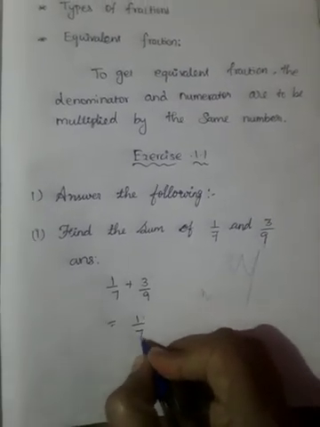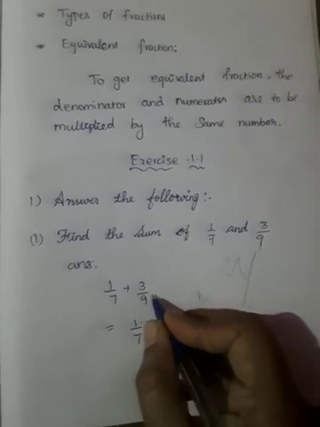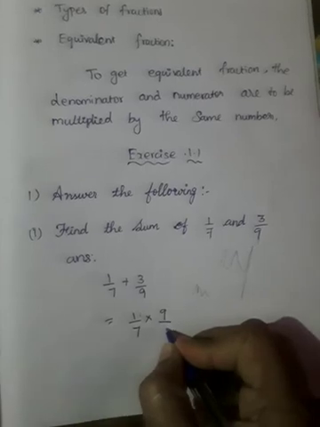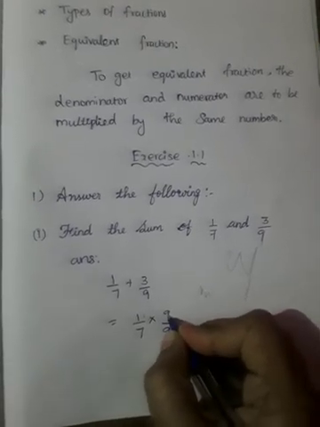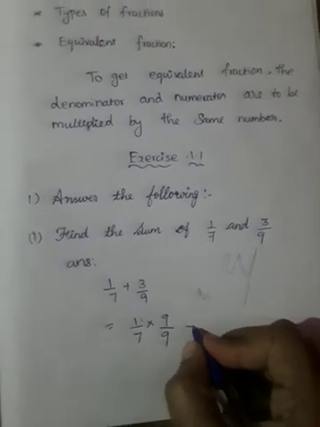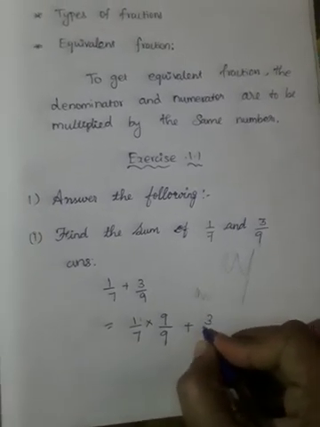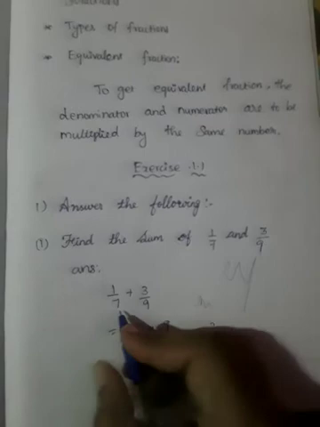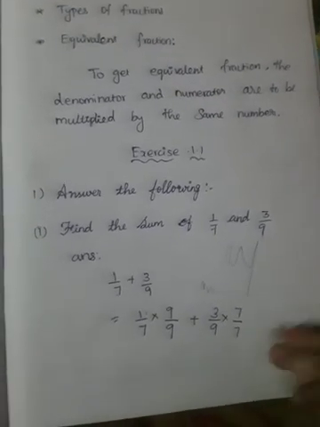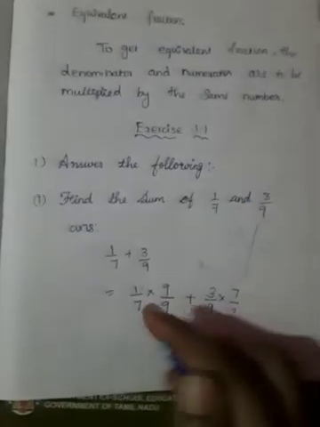So 1 by 7, first fraction into the second denominator. What is the second denominator? 9. So 9 by 9. If you multiply by 9 in the numerator, you should multiply the same 9 in the denominator. After that, write plus. Then second fraction into the first denominator. What is the first denominator? 7 by 7.